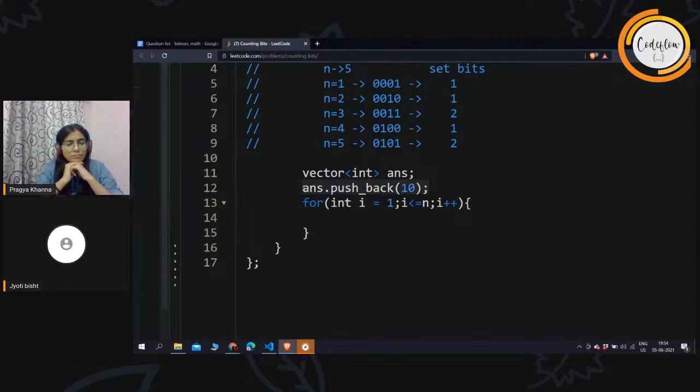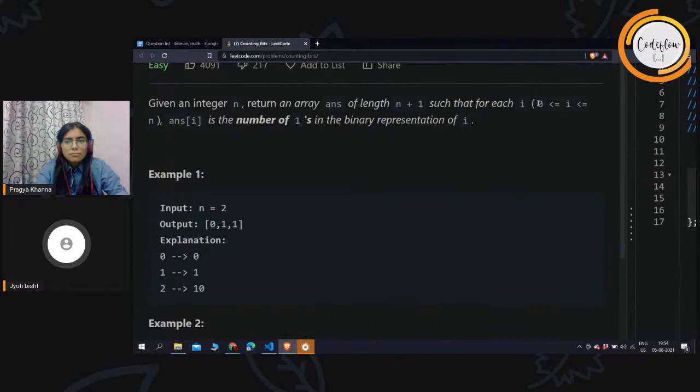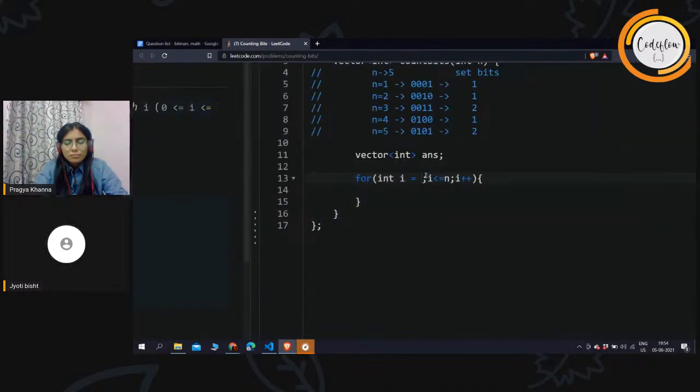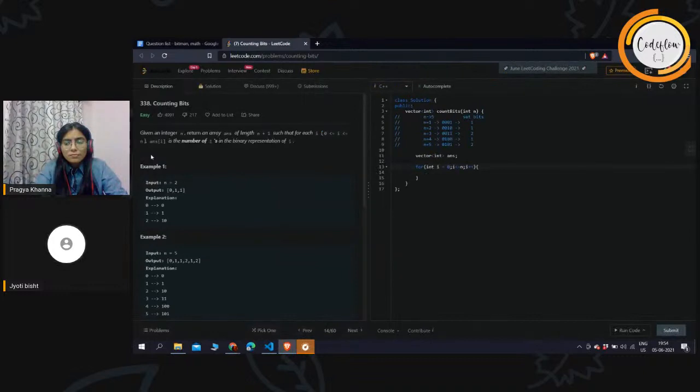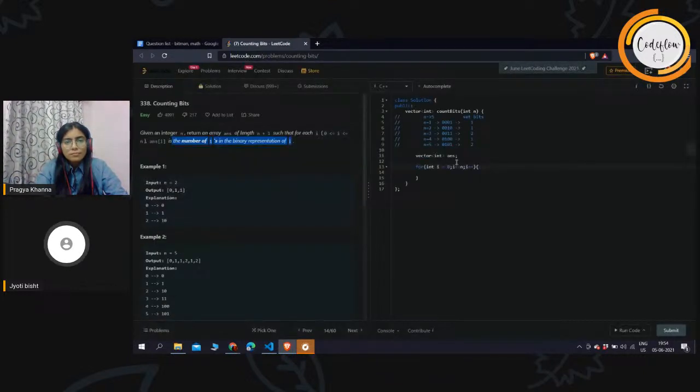Now what my question is asking is to loop from 0 to n. I'm looping from 0 to n. Then it should give me the number of ones.